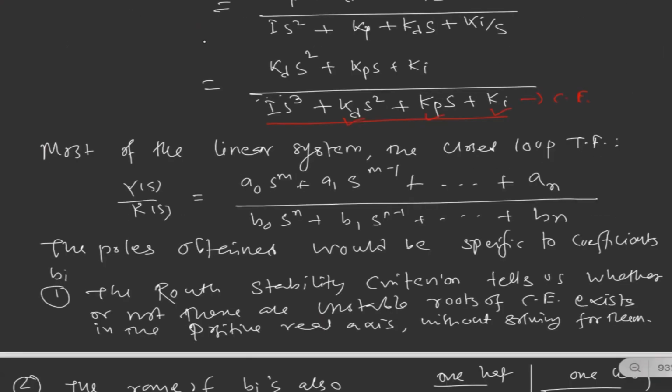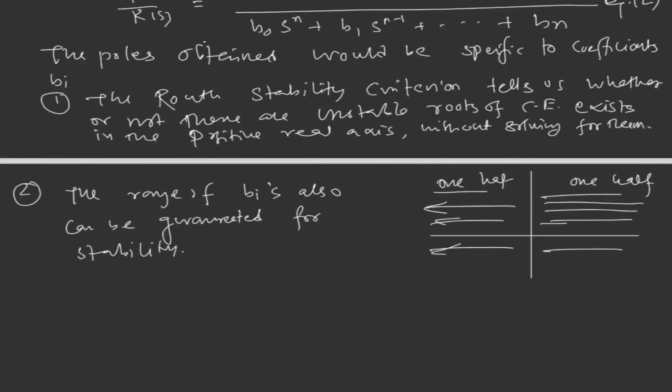If you compare both this equation and this equation, suppose equation number 1 and equation number 2, here B1, B0, what are these? These are B1, B2, B3 till Bn, the controller gains that may exist. So based on these gains also we can comment on the stability for the range of these coefficients.